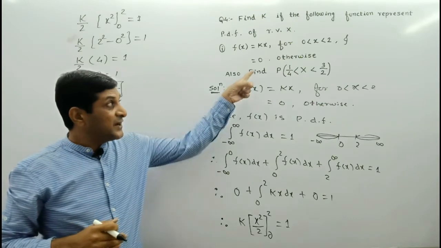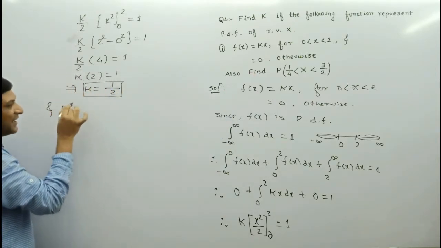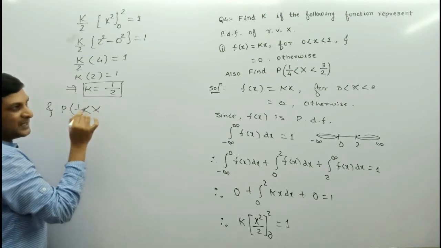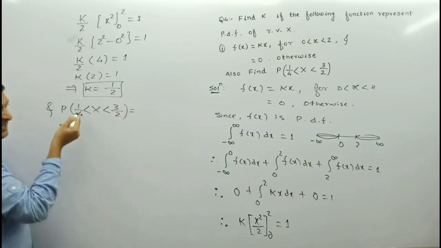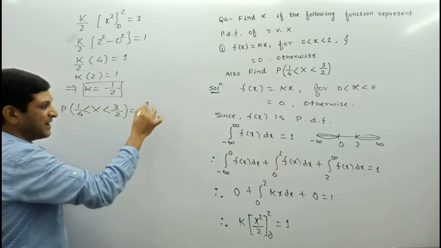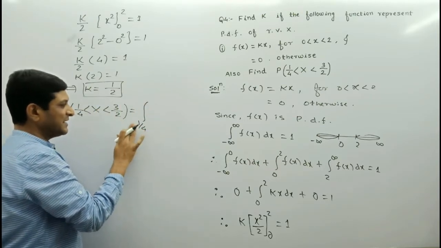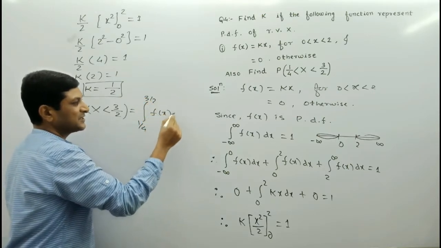Now we are trying to find the second required value, P of x greater than or equal to 1 by 4 and less than 3 by 2. Let us try to find this value. Here the lower limit is 1 by 4 and the upper limit is 3 by 2. Its value is the integration, where the limits of integration are 1 by 4 and 3 by 2, of f of x dx.